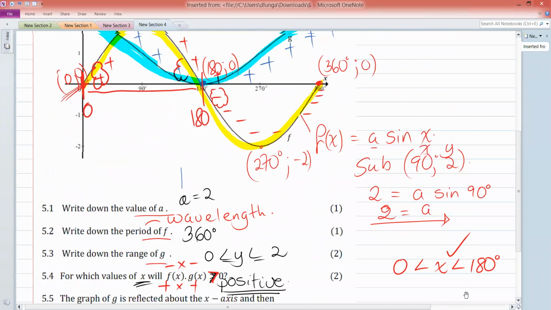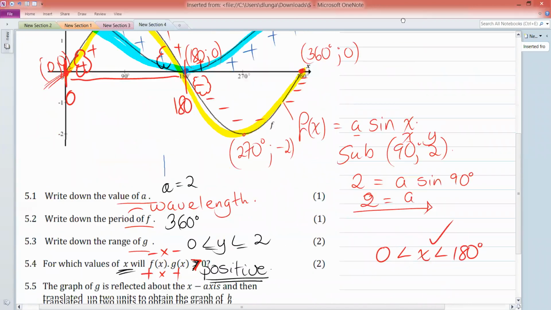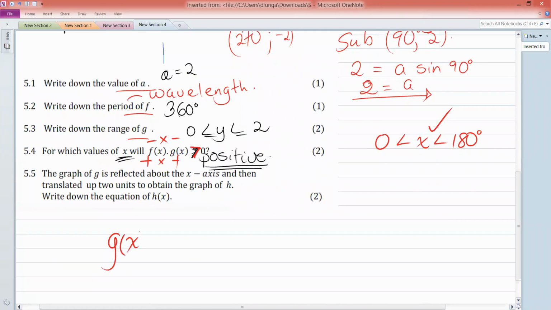Now, 5.5: the graph of g is reflected about the x-axis. Which one was g? g was cos x plus 1. They're reflecting it about the x-axis. What did we say about reflections on the x-axis?